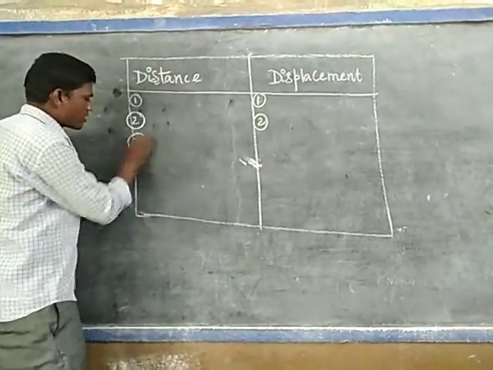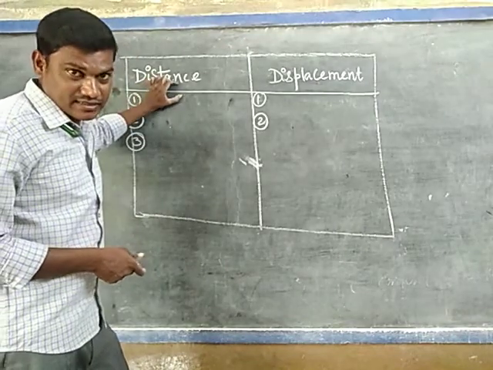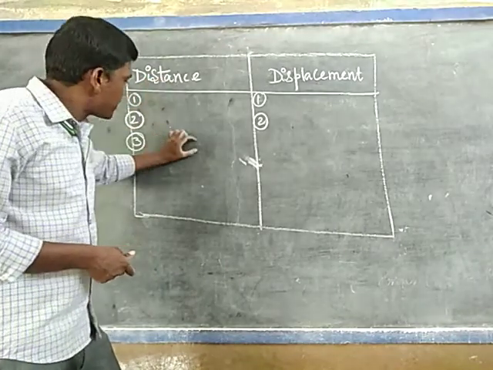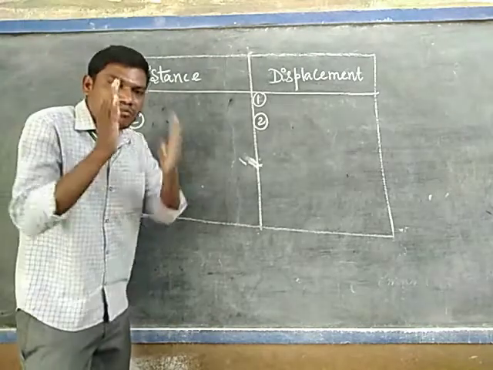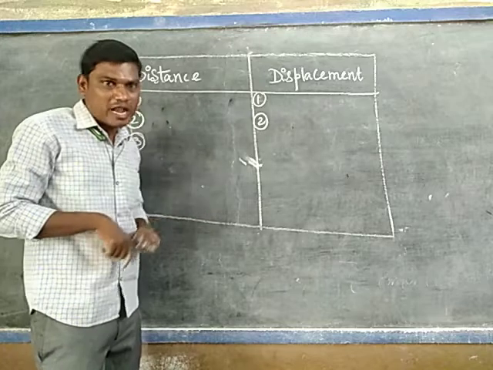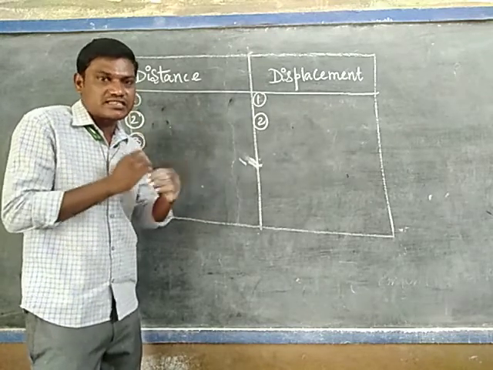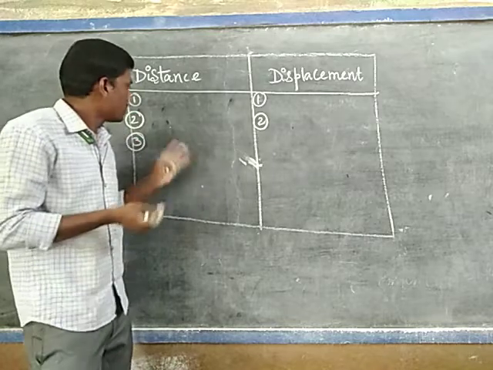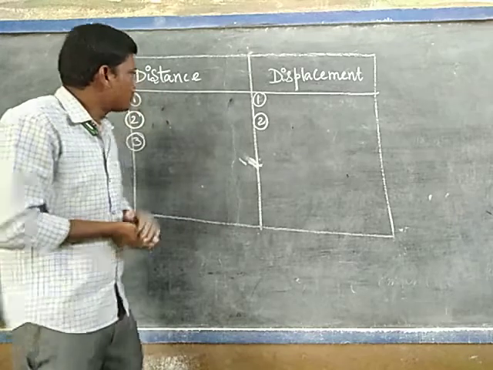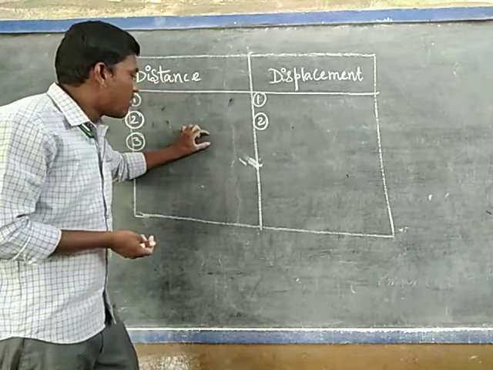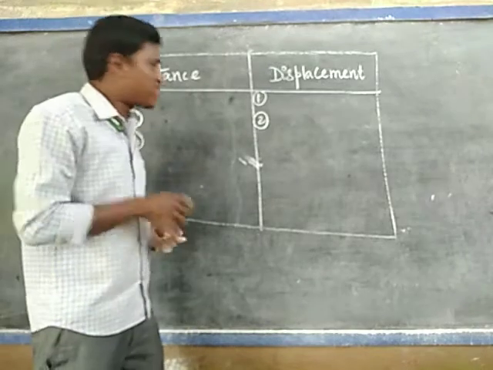And the third point: the magnitude of distance is equal to or greater than the displacement. Listen very carefully. The magnitude is nothing but the numerical value. I already explained that in the previous video. The magnitude or numerical value of distance is equal to or greater than the displacement.